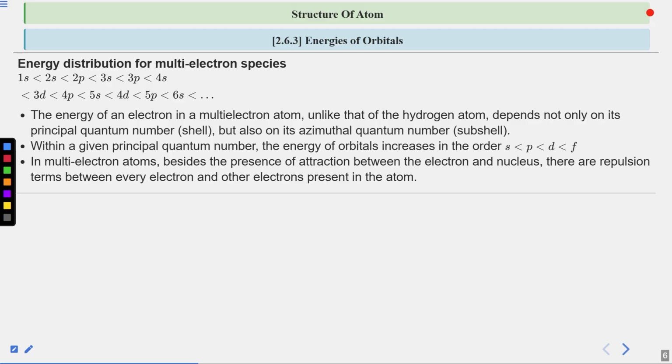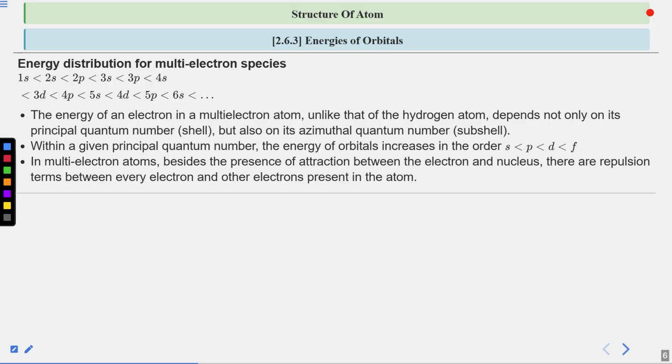So the reason behind this disparity is that in case of a hydrogen-like species, we have only one type of force that was present within an atom, which was the electrostatic force between electron and proton. But here, in multi-electron system, we have a second force, which is repulsion between the electron and other electrons present in that atom.